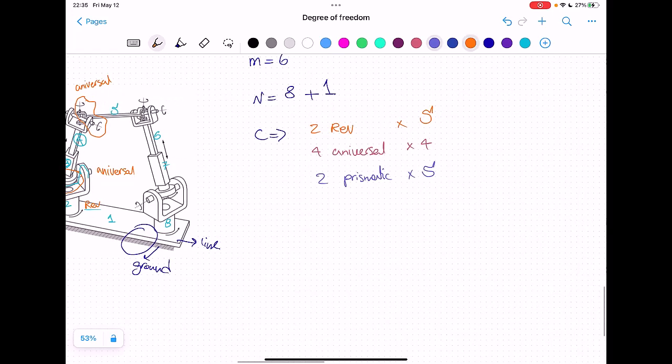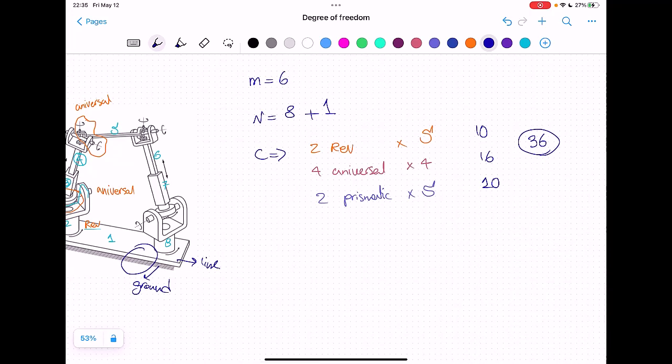So we have 10, 16, 10, 6, 36, and we write again the equation.